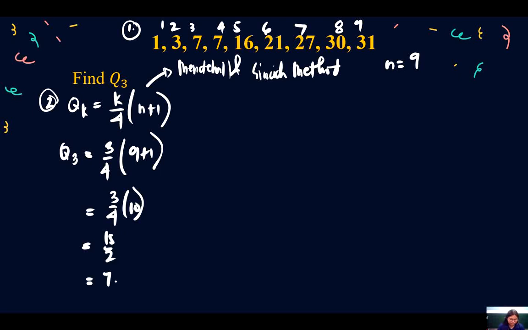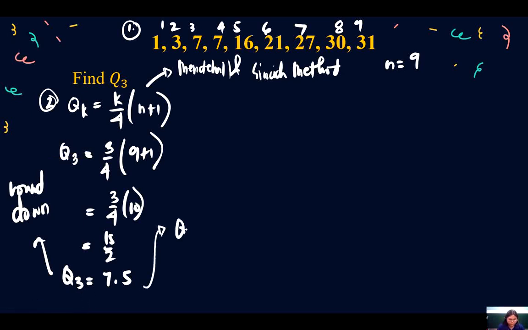In decimal is 7.5. Sabi natin, pag third quartile, nag-round down. Okay, pag third quartile, round down. So, ibig sabihin, si Q, okay, so we don't have space here, so let's write here.